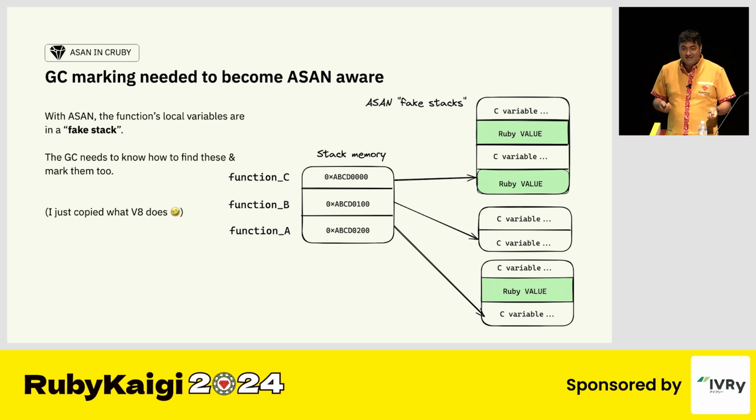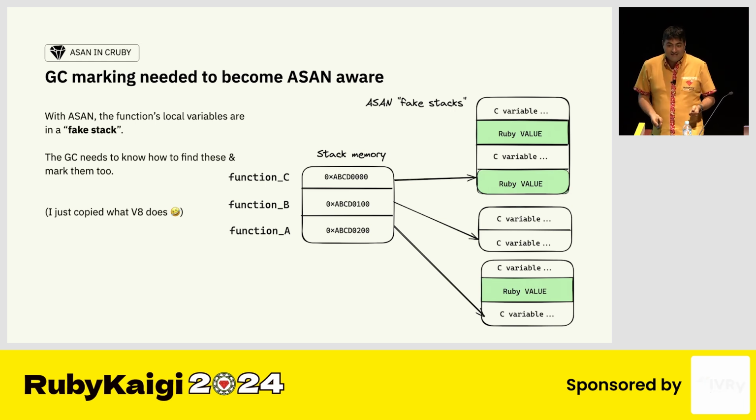And so ASAN has browsers very much in mind. And browsers contain JavaScript VMs. And JavaScript VMs have exactly this problem. They have to find all the references to JavaScript objects on the machine stack. So ASAN has an API that you can use to find out about the fake stacks. And I pretty much just looked at what, not Chrome, Blink.